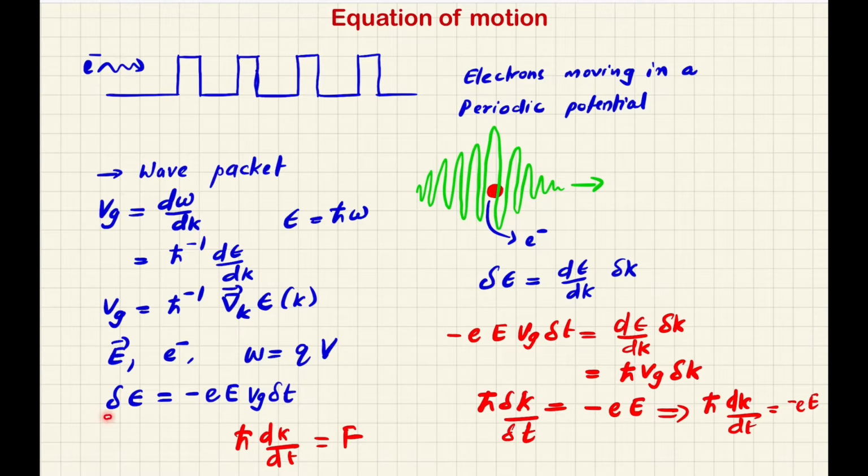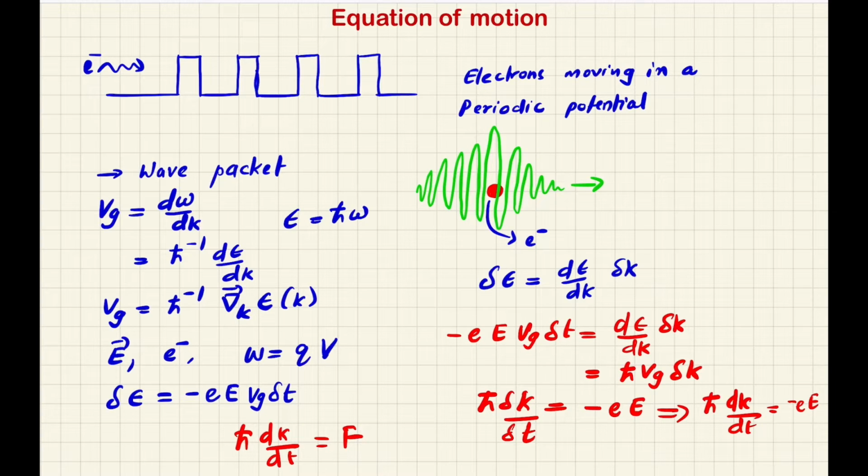The small variation in energy is because the work done is stored as energy. Here q is basically minus e, and the potential you can write as electric field into displacement, which is given by Vg delta t, the displacement in a very small amount of time delta t.